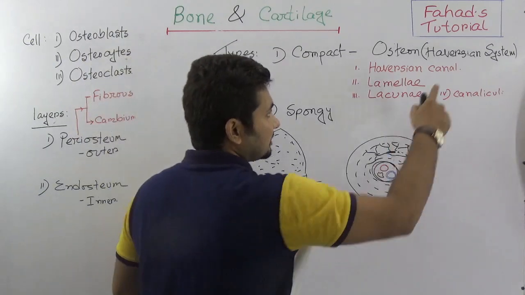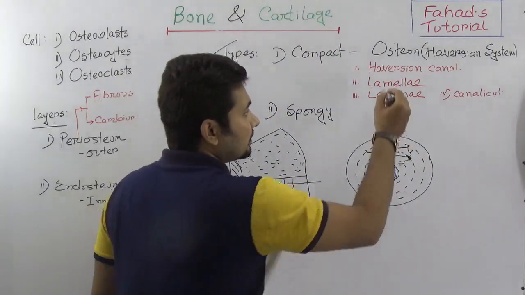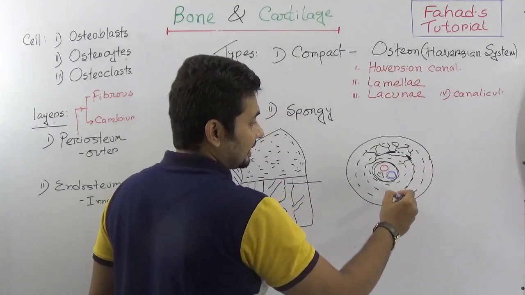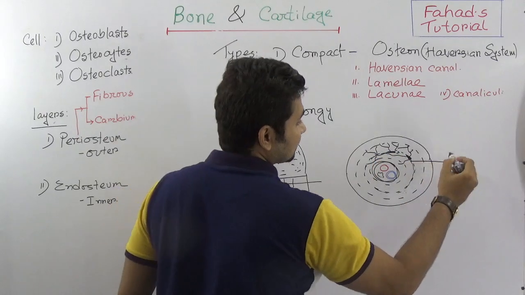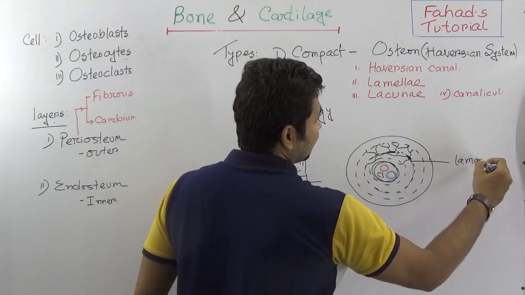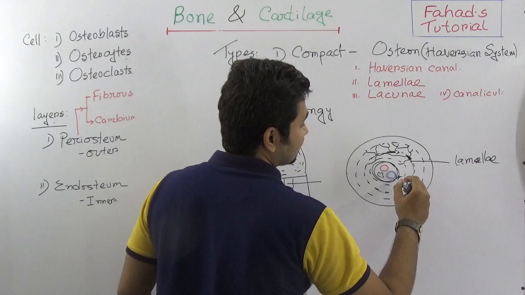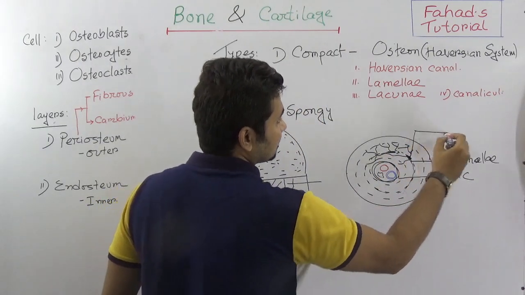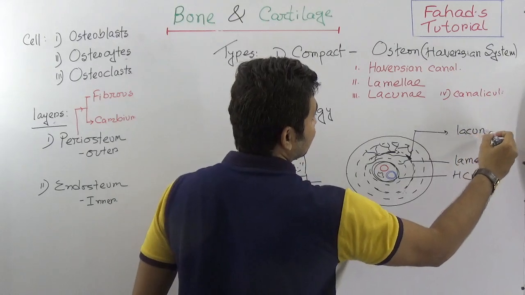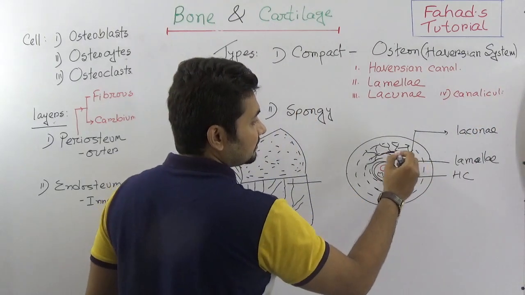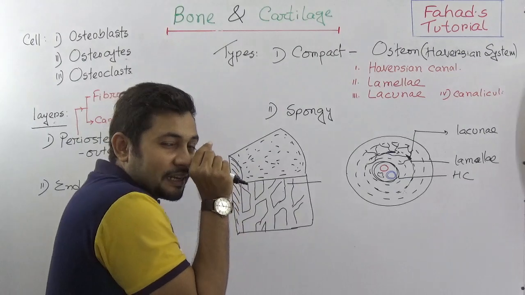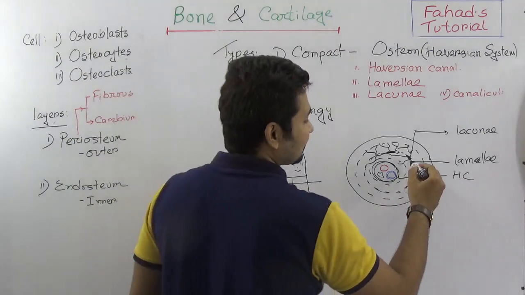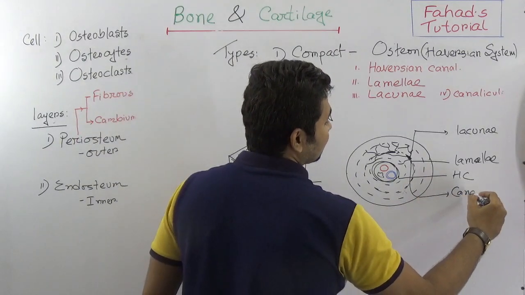And in this Haversian canal, these circular wedges are the lamellae. This is the Haversian canal, and these smaller pores are known as lacunae, and different lacunae are connected with another circular channel that is called canaliculi.